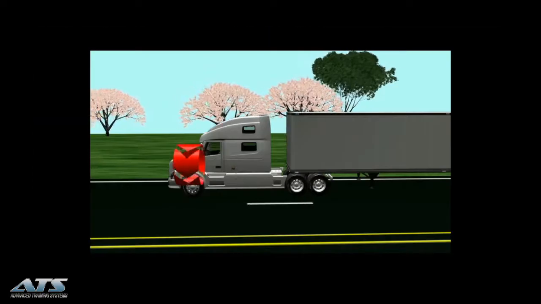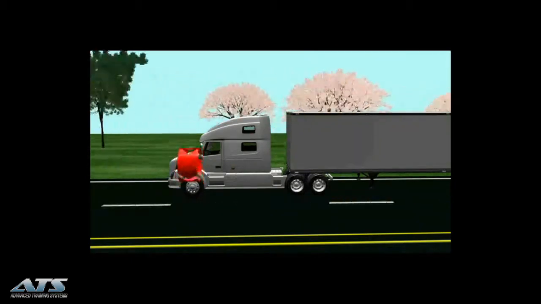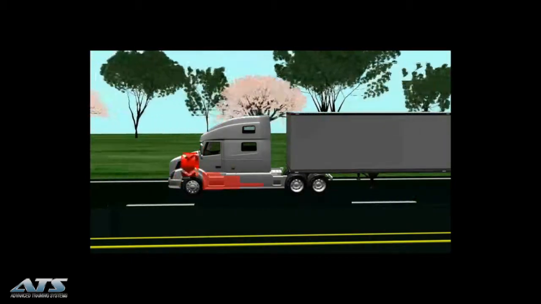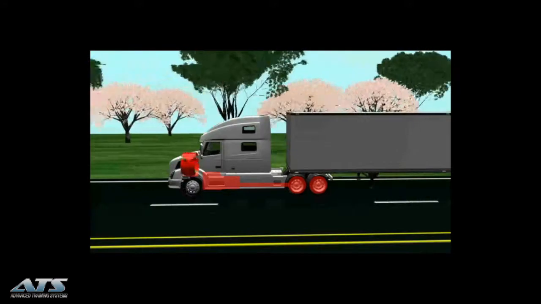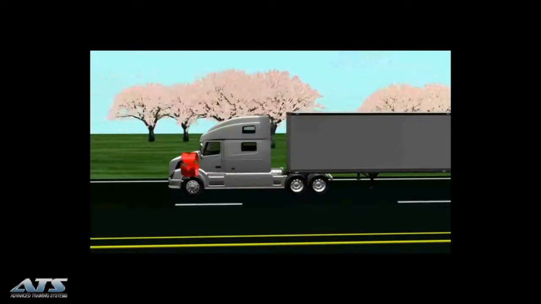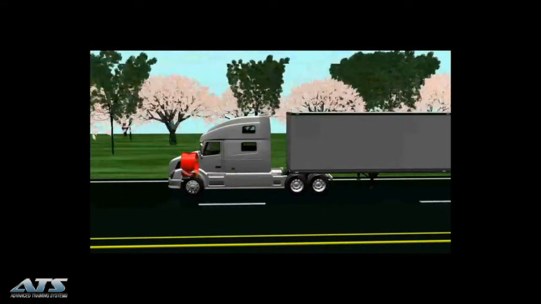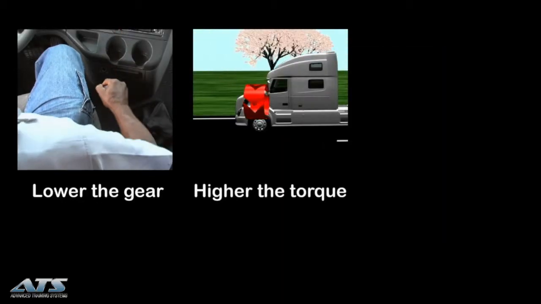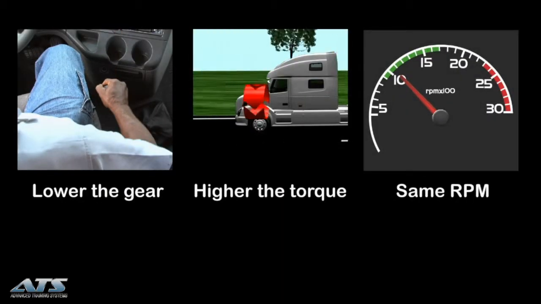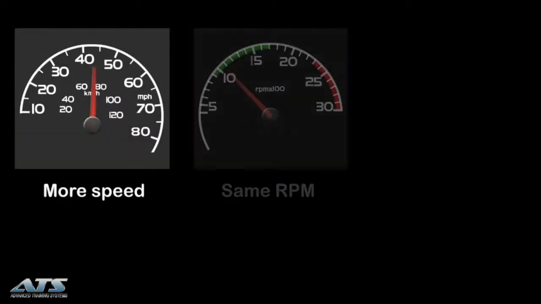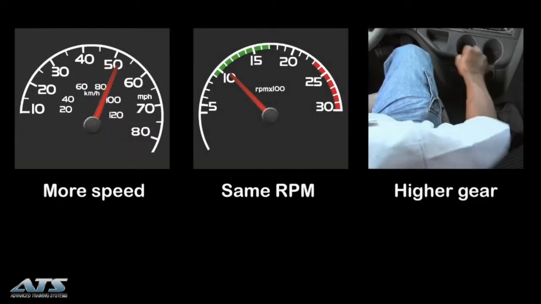Now, torque is the twisting motion of the shaft that runs from the engine to the transmission and then out to the axles. We all know that a lot of torque is needed to start 80,000 pounds of cargo and equipment moving. So the lower the gear, the higher the torque to the wheels at the same RPM. That means you get more speed from the same RPM when you shift into a higher gear.